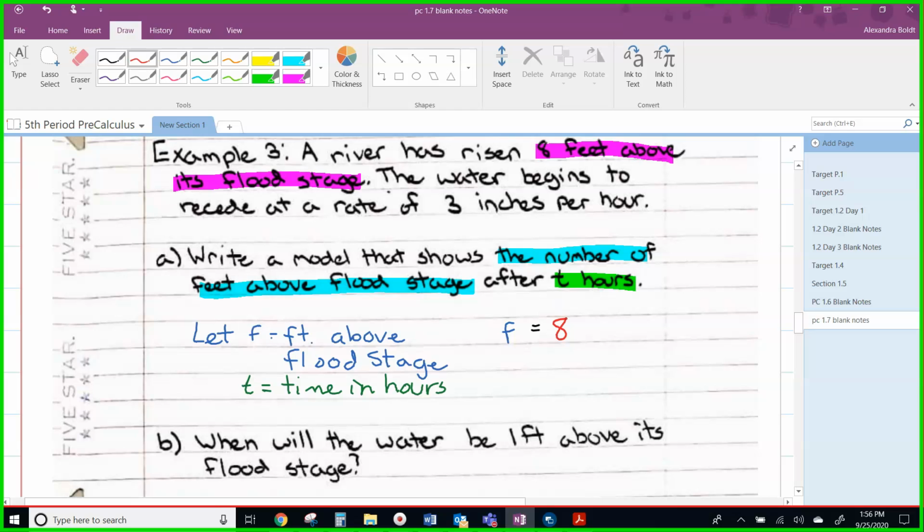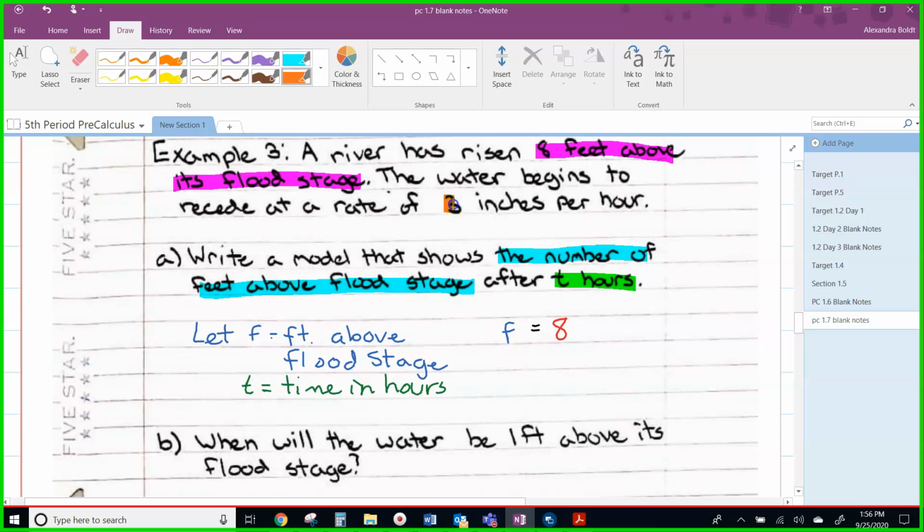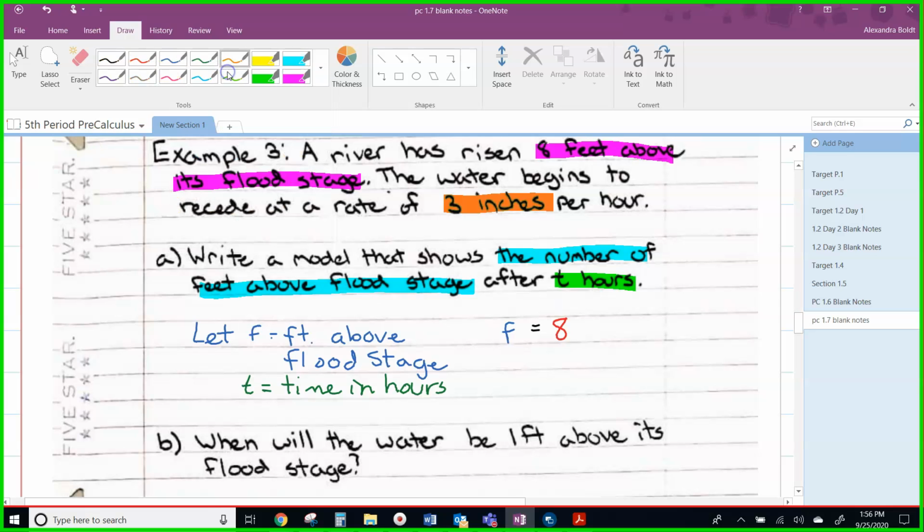So if I know how many hours it is, I should just be able to do 3 inches times that t. But we have to be careful because it's feet above flood stage. So this 3 inches is not great. You can't switch units.